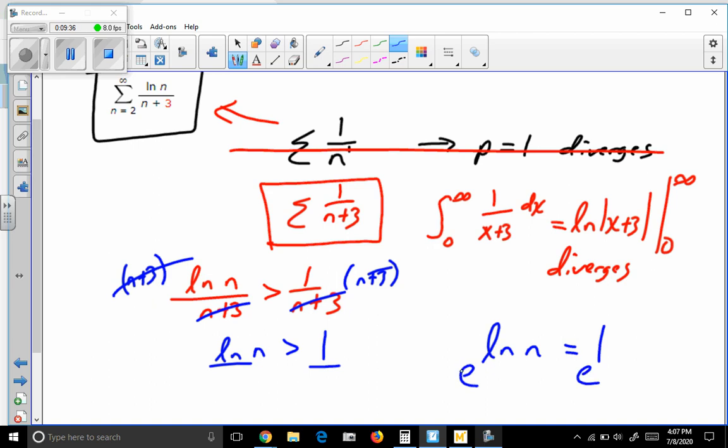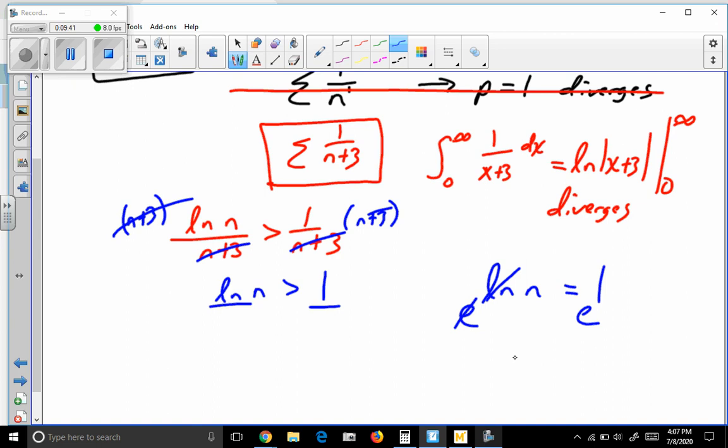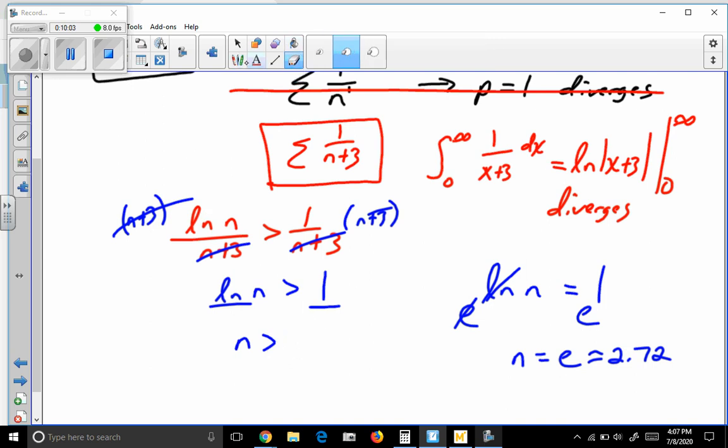If we do e to both sides, natural log is equal to 1 when n equals e, which is about 2.71 and so forth, or 2.72. So this is a true statement for any n that's bigger than 3, 3 or bigger. We could say any n bigger than 2, really, because n is just an integer.